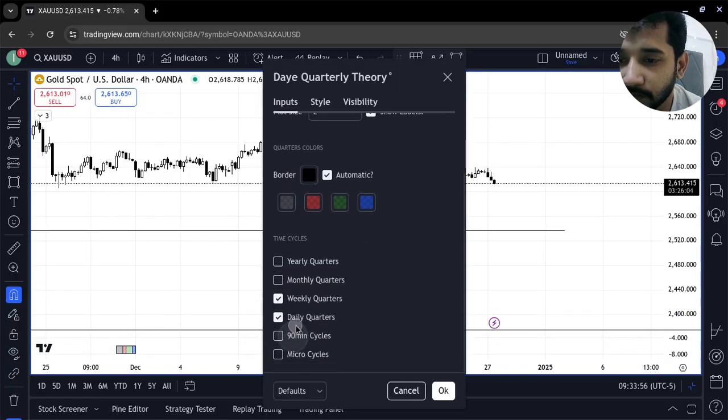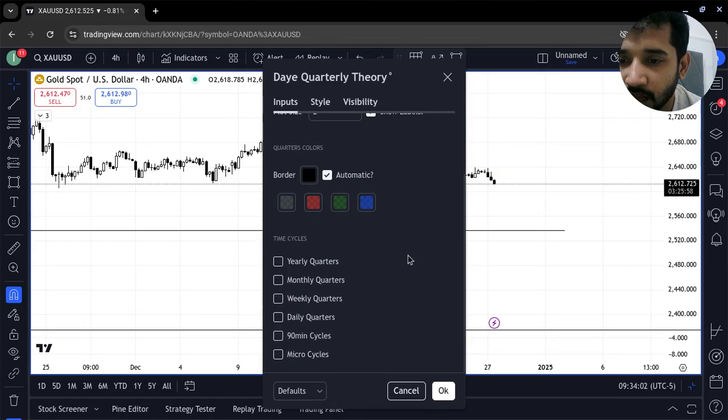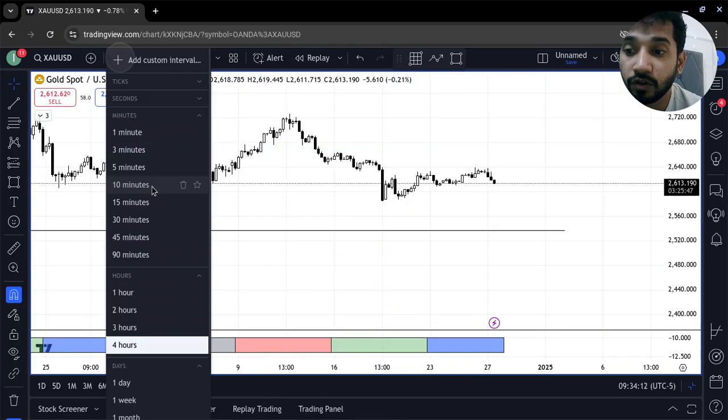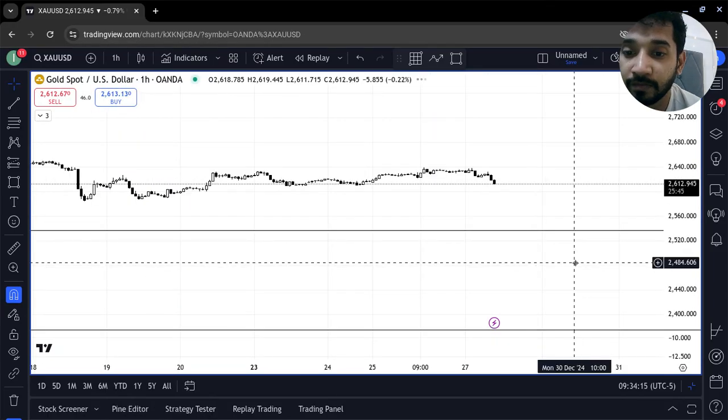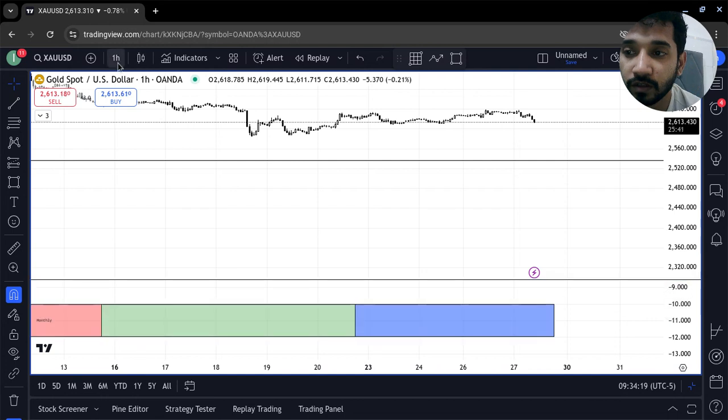Just go on it and keep everything like this. These are the colors, and here you can choose whether you want the monthly cycle. If you're on the 4-hour time frame, you need the monthly cycle. Understood? If you are on the 1-hour time frame, which one do you need?